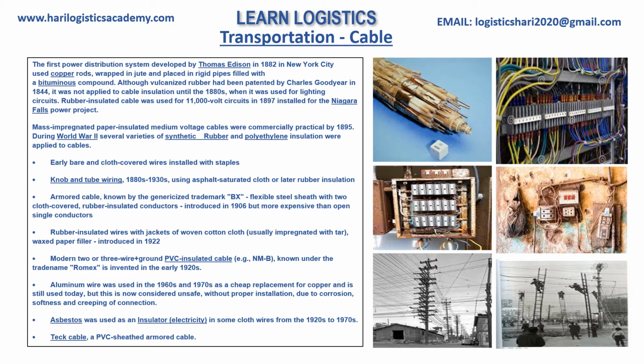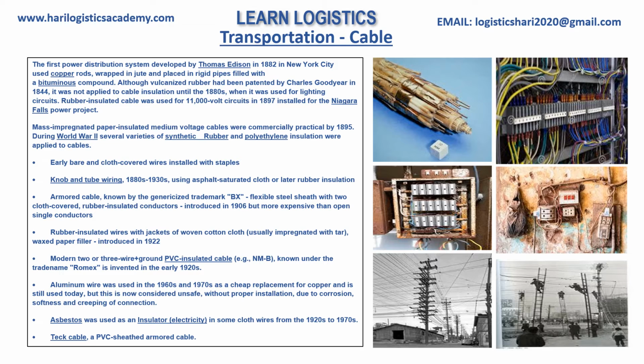Rubber insulated wires had jackets of woven cotton cloth, usually impregnated with tar. Waxed paper filler was introduced in 1922. Modern 2 or 3 wire plus ground PVC insulated cable, for example NM-B, known under the trade name Romex, was invented in the early 1920s.